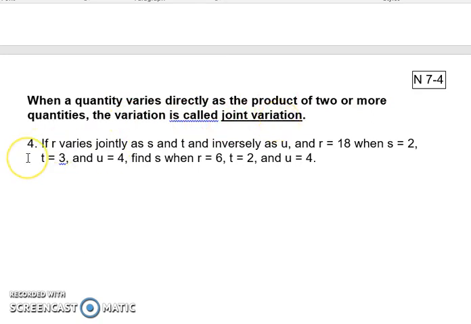So let's take a look at joint variation. It says that if R varies jointly, I'm going to write this down. I suggest you pause the video and write it down as well. Okay, so notice it says jointly, and jointly here means that it varies directly with the product of two or more quantities.